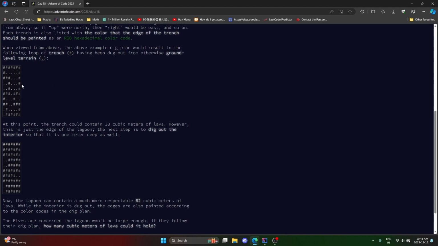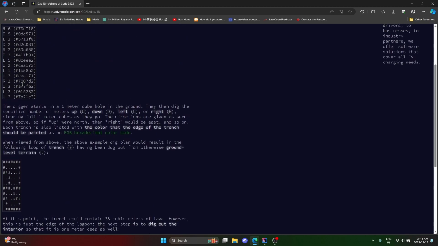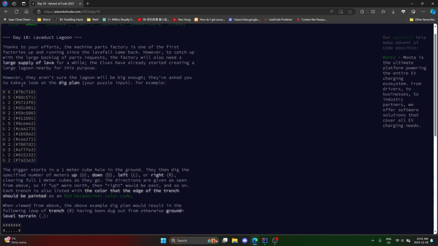You go the interior. So, what in the frick is this? Off the ground, take specified numbers of meters up, down, left, right.